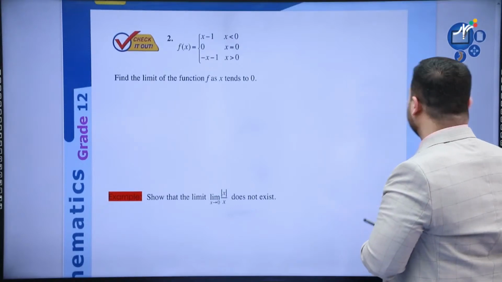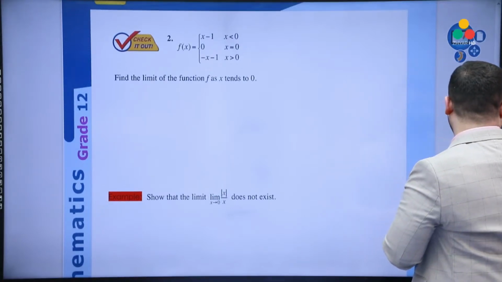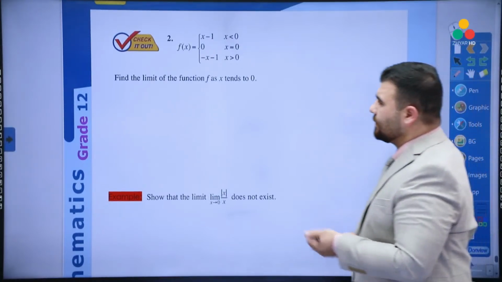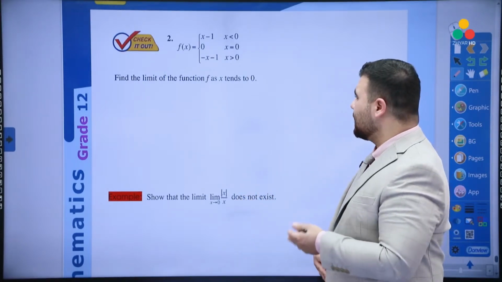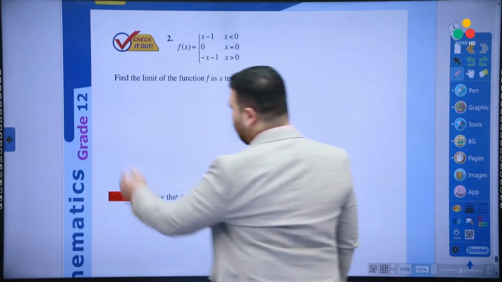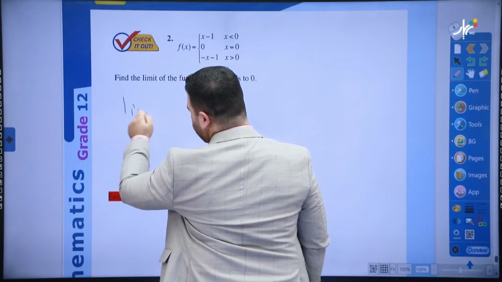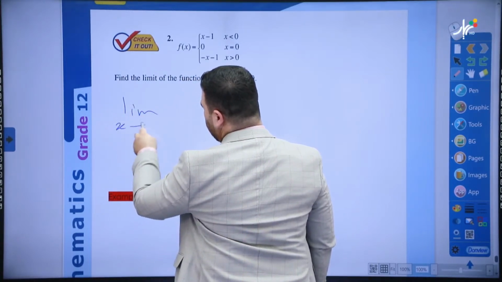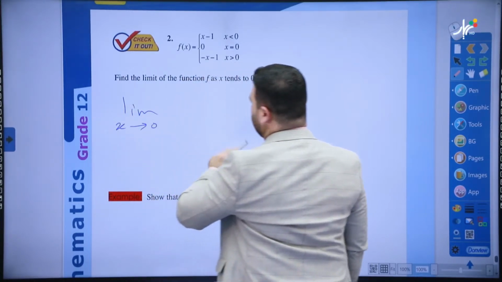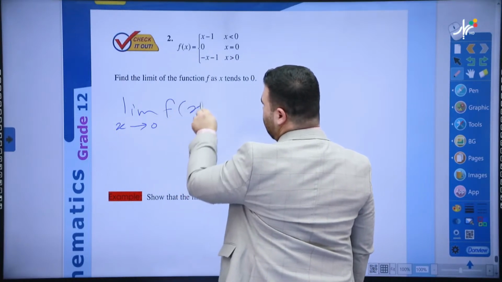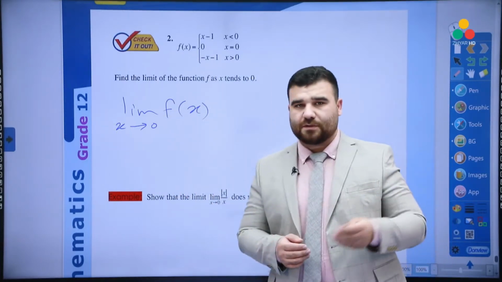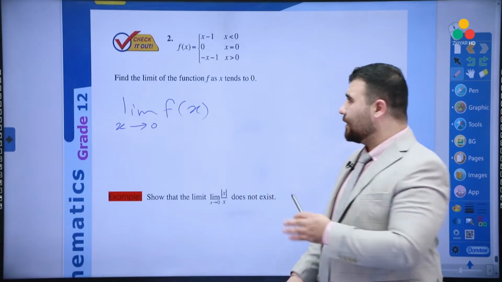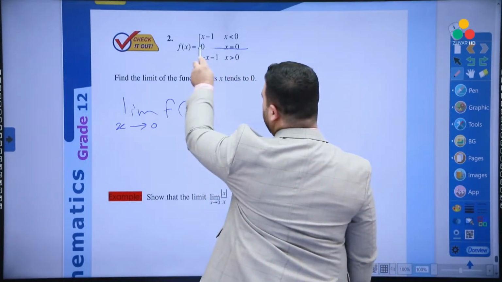Another piecewise function. Let's do this. Find the limit of the function f as x tends to 0. Let's write what we have. Limit as x approaches 0 for this function. Okay. When x gets closer to 0, it means we ignore the part that has equal to 0.